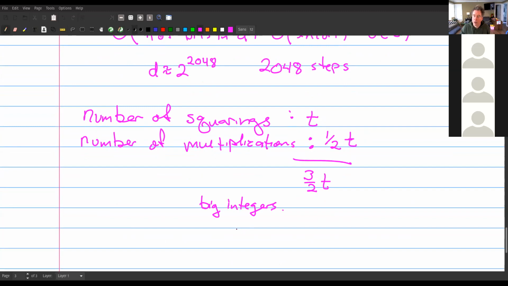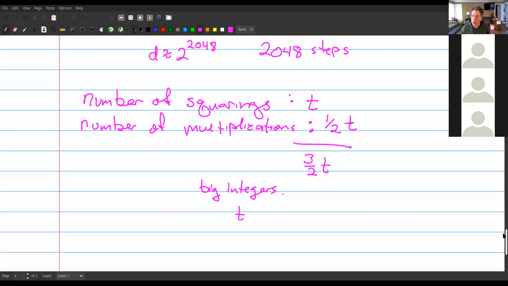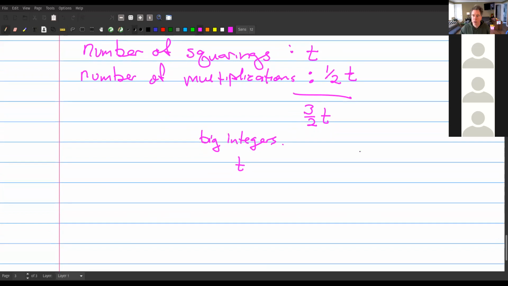These integers are also on the order of t bits long. So if you wanted to quantify the total amount of work, this is the number of arithmetic operations, and each arithmetic operation on a t-bit object takes about t squared time.